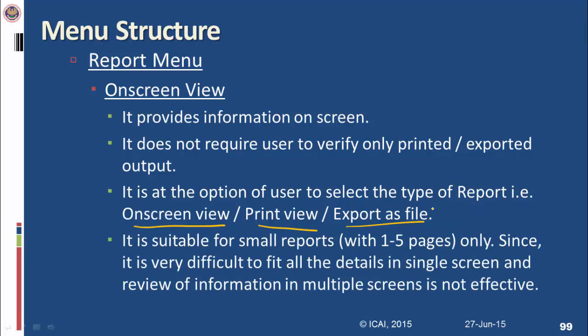It is suitable for small reports, that is, if the report is going into 1 to 5 pages, then we can check it through the on-screen view. Rest of the reports, we can either have it through the print view or through the export as a file. However, export as a file may not be available in all the CBS software to prevent data theft.